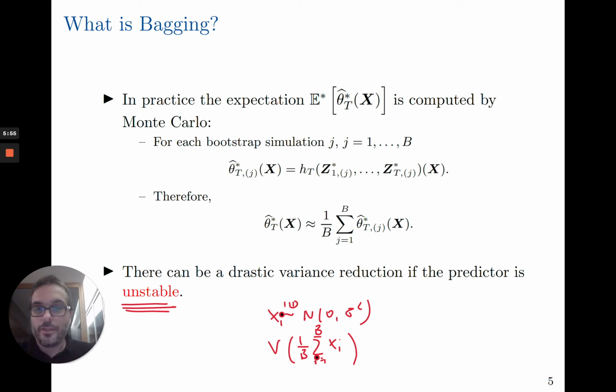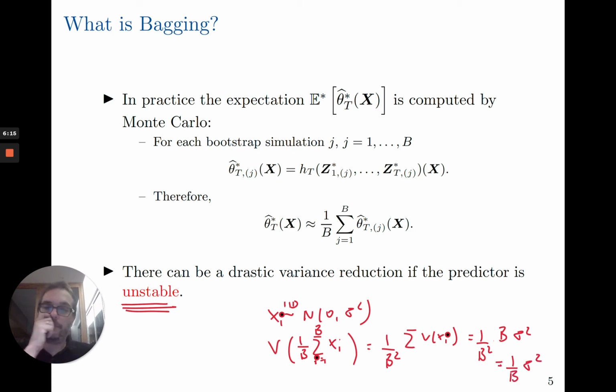So this will be 1 over B squared, the sum of the variances of X_i, so this will be 1 over B squared times B sigma squared. So this is 1 over B sigma squared. So as B diverges, you reduce the variance.